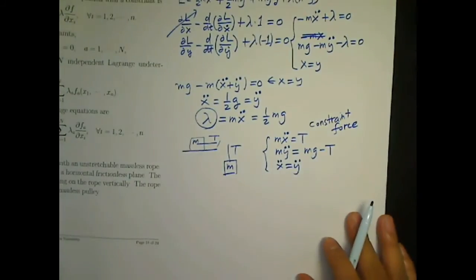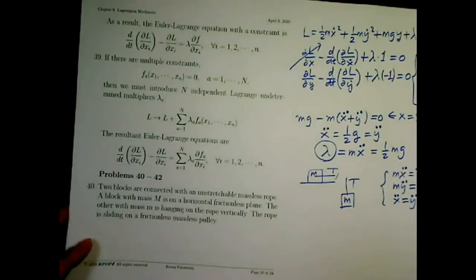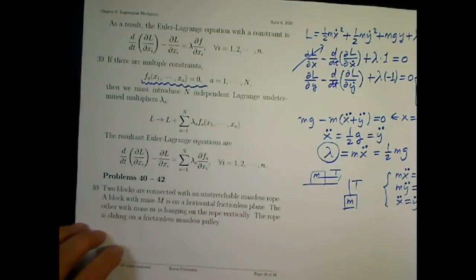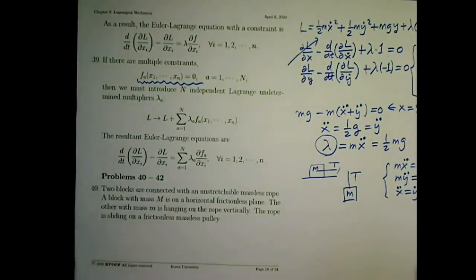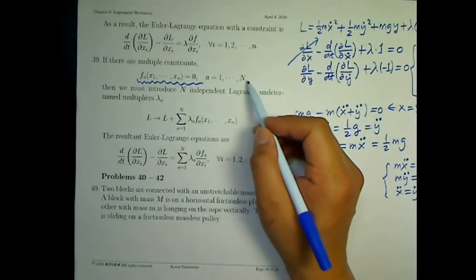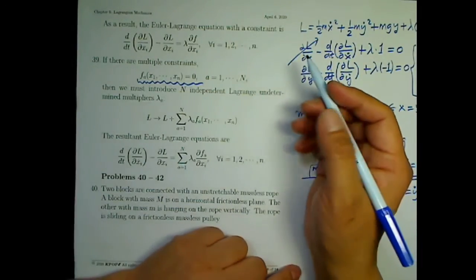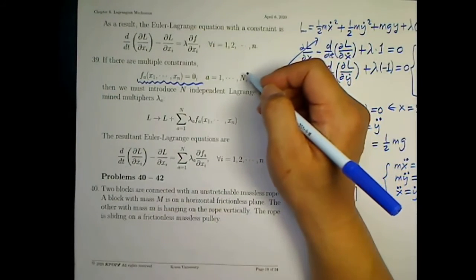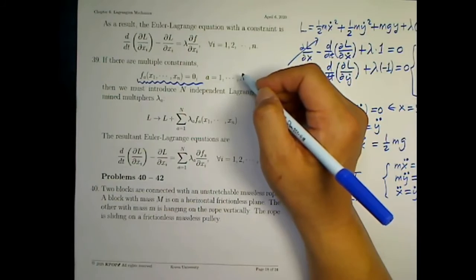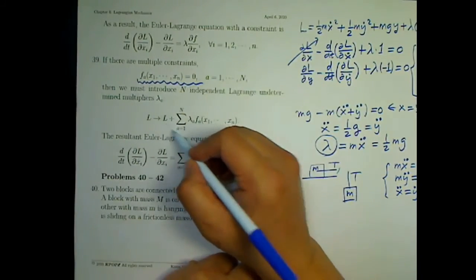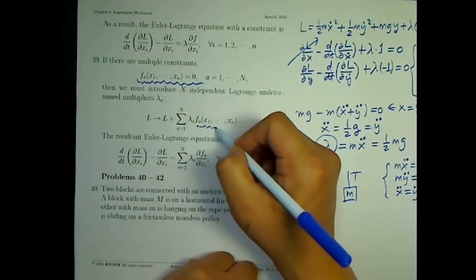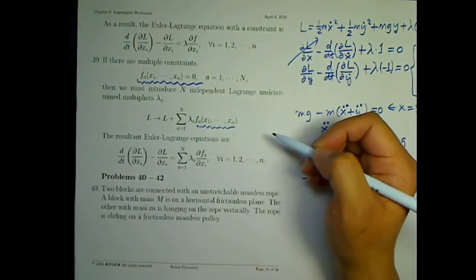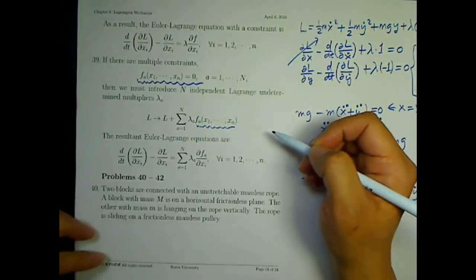Okay, so let us consider the case when there are multiple constraints. Suppose that we have capital N number of constraints. And what we can do is add to the Lagrangian a linear combination of the n independent constraints.